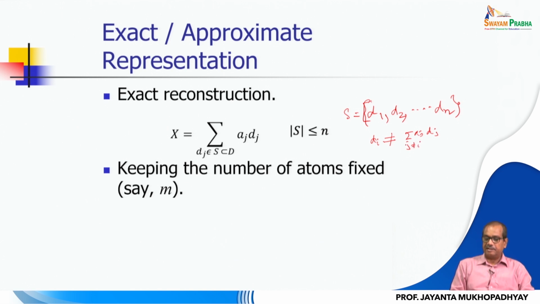If it cannot be expressed like this, fine. If there exists any such atom, then the set is not linearly independent.